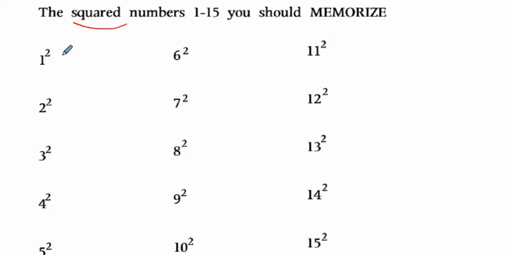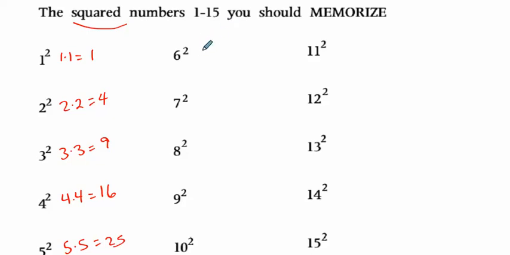So 1 squared is 1 times 1, which is 1. 2 squared is 2 times 2, which is 4. 3 times 3 is 9. 4 times 4 is 16. 5 squared is 25. 6 times 6 is 36. 7 times 7, 49. 8 times 8, 64.